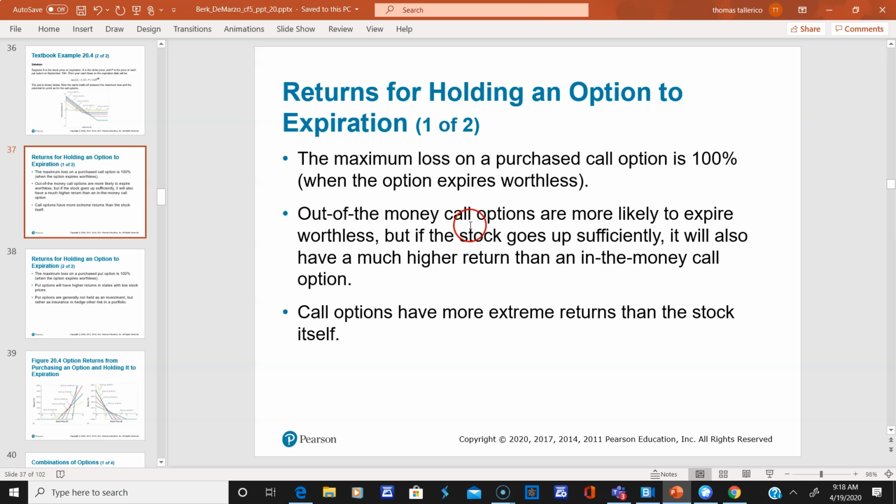You lost your premium. Out of the money call options are more likely to expire worthless, but if the stock goes up sufficiently, you're going to have a higher return because you paid a cheaper premium, right? So call options will have a much, much more extreme return than the stock itself.